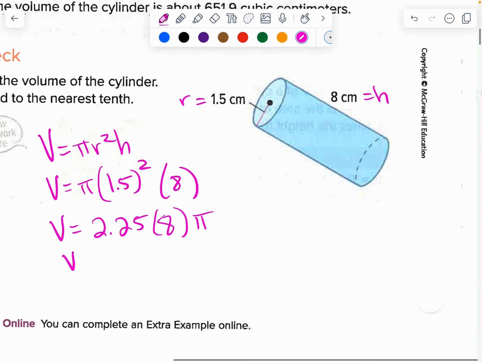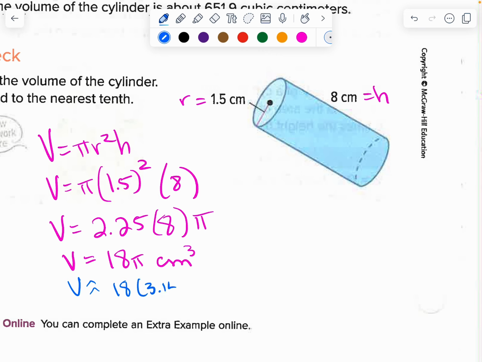I get volume equals 18 pi centimeters cubed. And if I was to do the approximation, I would multiply that by 3.14. And I would get V is approximately 56.52 centimeters cubed.